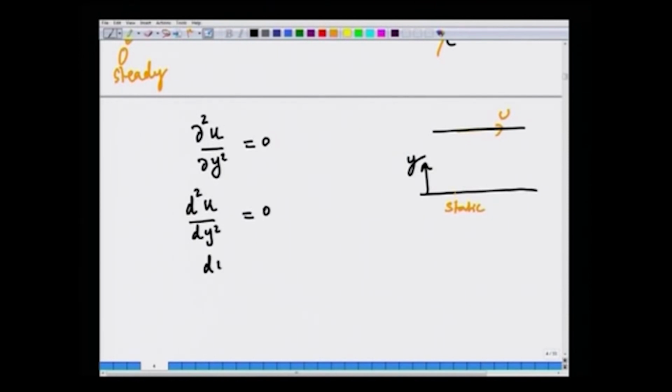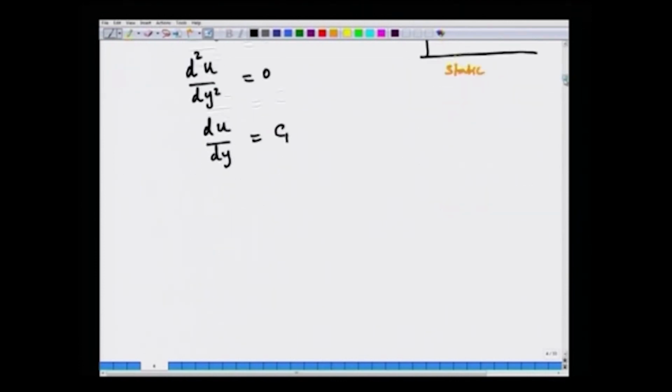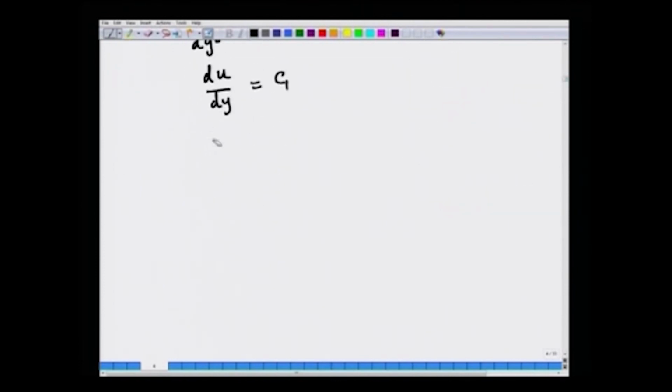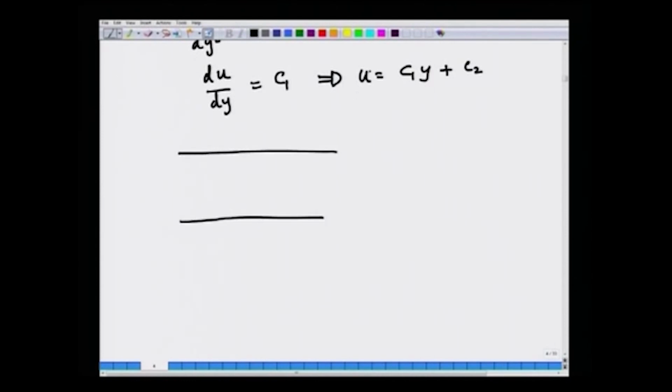So, if I integrate this once, I will get du by dy is some constant C1. If I integrate this once more, u is some constant times y plus some other constant. So, we have two constants for the velocity profile, which is a function of y.